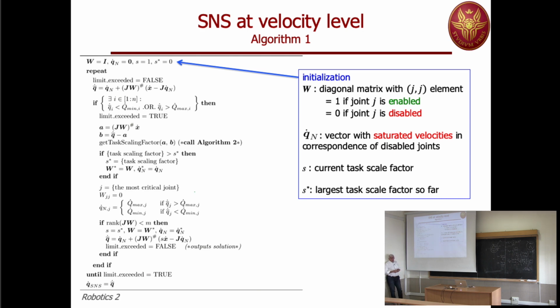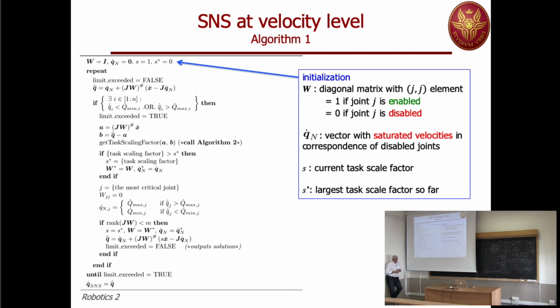If one joint velocity will saturate at a certain point of the algorithm, then we will bring the associated diagonal element of W to 0, which means that this joint is no longer used, it's in saturation. It will contribute somehow to the final task velocity, but it's saturated so that it will stay within its bound.